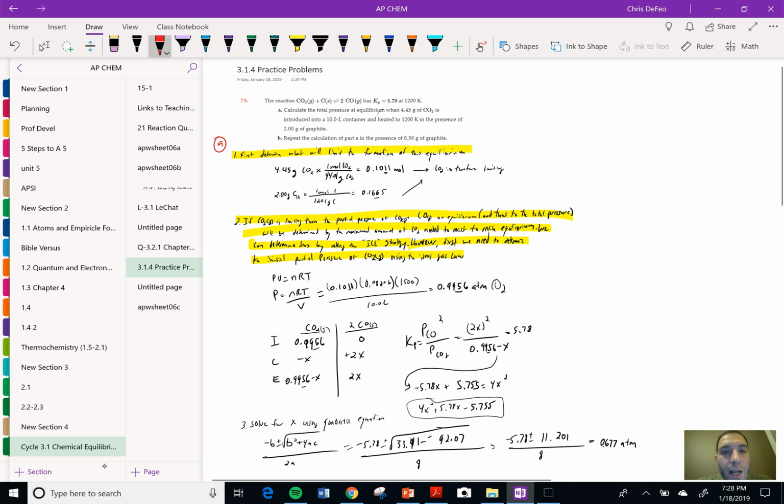It just happens that the carbon monoxide, once it decomposes, almost instantaneously flips back. So this is a really unique case when you have a very little solid, because this carbon is not going to last very long because it can react with the carbon dioxide. So over time, at equilibrium, you won't have any carbon there.